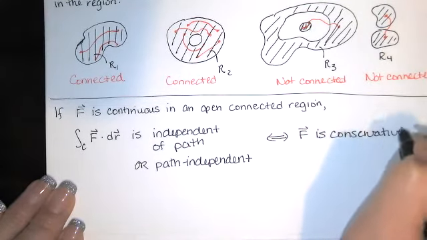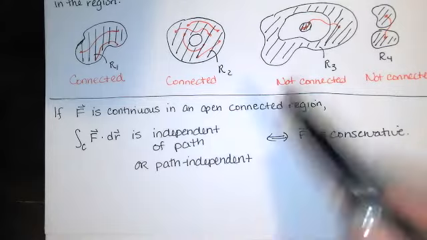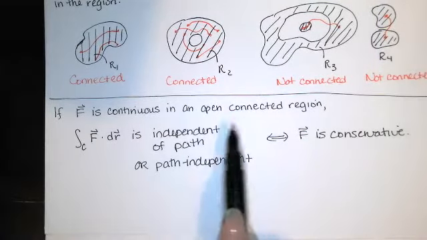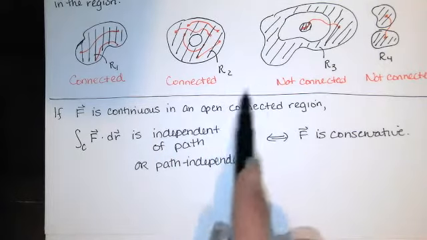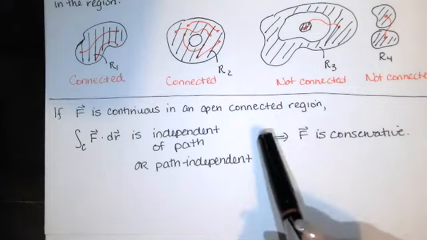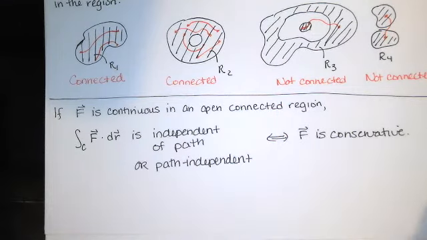So that's nice. And I think that's what I wanted to get at here when I was looking at the fundamental theorem of line integrals, but I had to add that extra qualifier. We needed to say that our region was not just open, but open and connected.